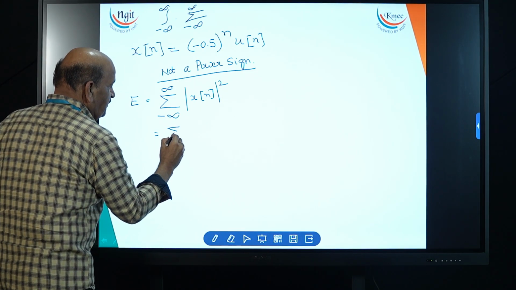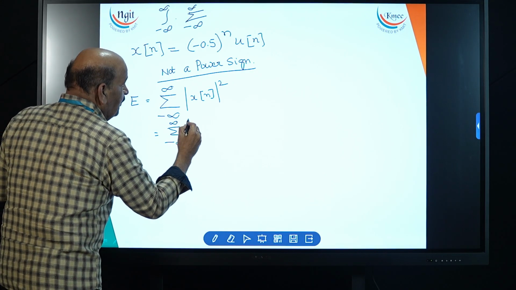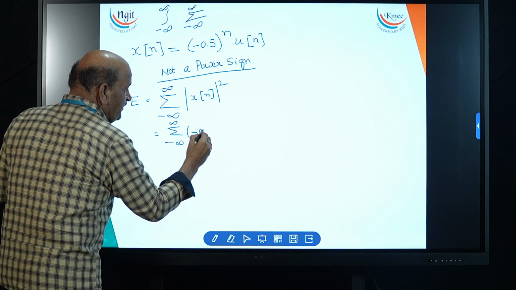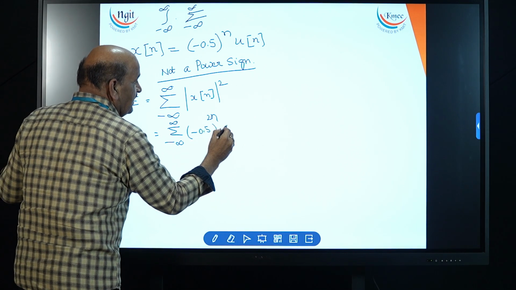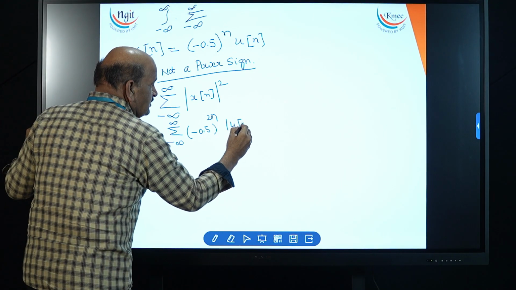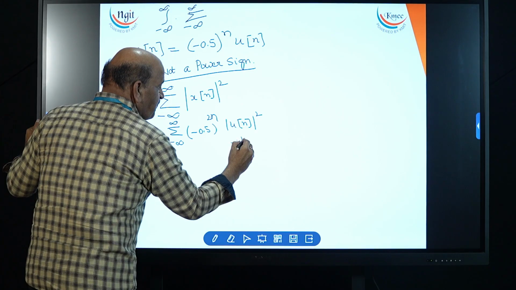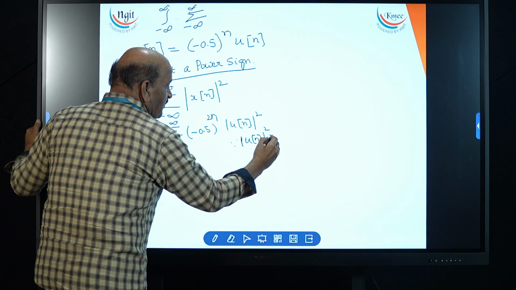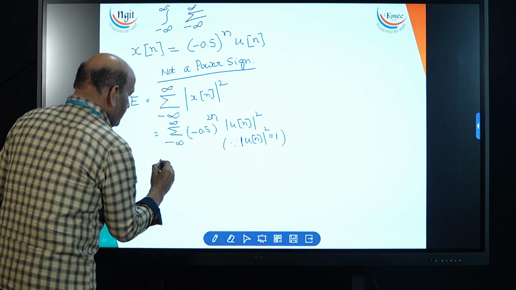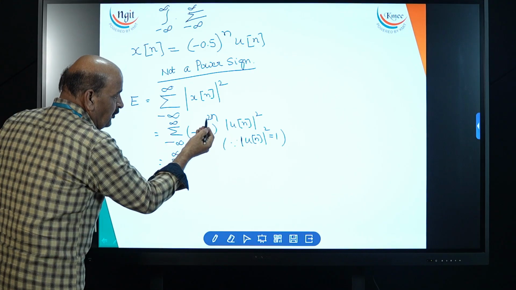Squaring gives minus 0.5 whole power 2n, and mod u of n squared has value 1.